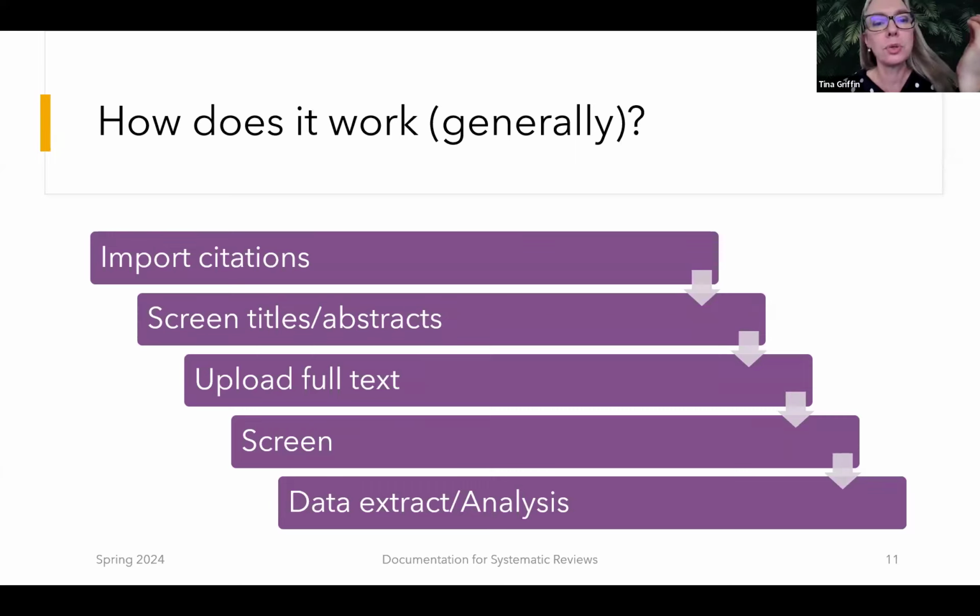And then as you're doing your screening of your titles and abstracts, the things that get approved would then move forward. You would upload your full text. Those would then get screened, and the ones that move forward then would get presented for data analysis and data extraction, and you would get presented with the tables that you've constructed for data entry.